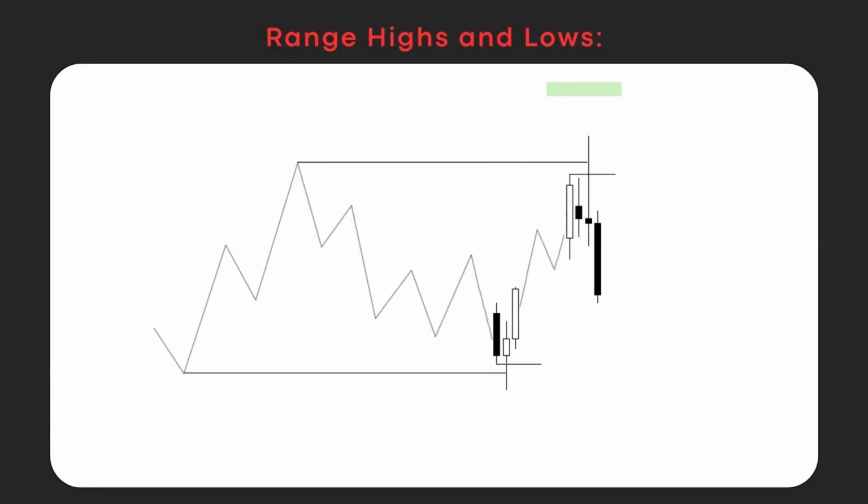Moving on. Here is another example of CRT at range highs and lows, but in this case we've got a different framework. In the first one, we chose the candles that purge the range as CRT, but in this sort of framework, I'll show you that we can also have this scenario in which price forms the first ranging candle to generate liquidity just above or below the extreme of the range, and then the second candle is the one which manipulates liquidity both above or below the range high and low as well as the candle range respectively, and then the rest of the candle distributes towards the opposing end of the range, right?